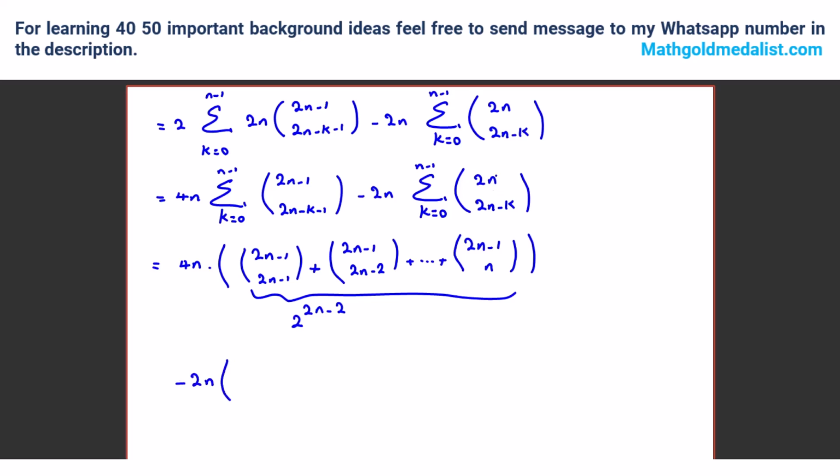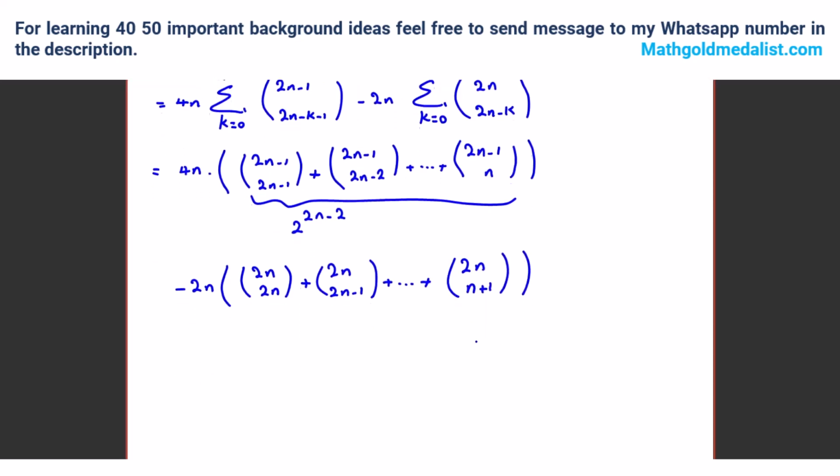Minus 2n. If k is 0, it would be what? 2n choose 2n, right? Because 2n choose 2n minus 1, to what? 2n choose n plus 1. Then what?